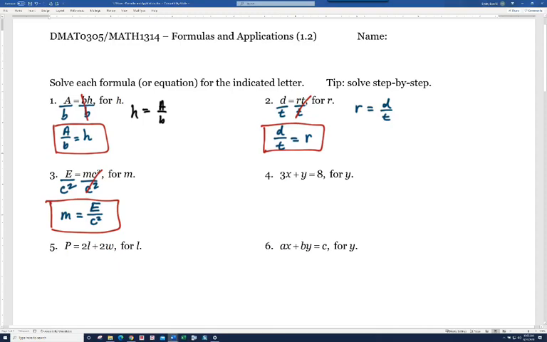So if I want to get rid of that 3x term, since it's really a plus 3x term here, to get rid of it I need to subtract 3x. 3x minus 3x would give me 0, and I would be left with y. So I'm going to go ahead and subtract 3x on both sides.